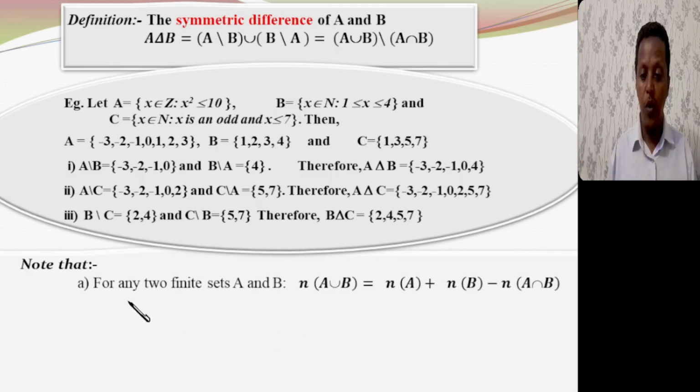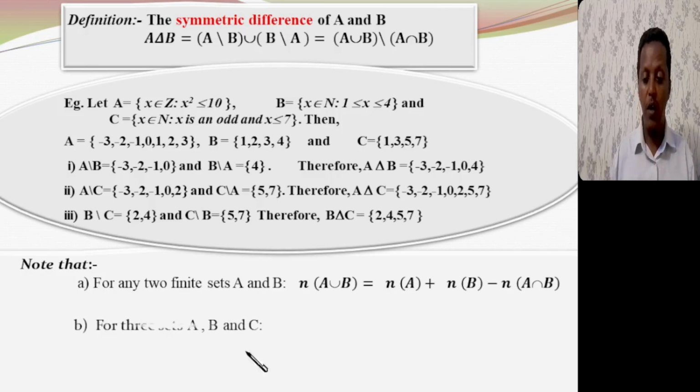Plus, for two finite sets, regarding the number of elements, the number of elements of the union of the two sets will be n(A) plus n(B) minus the number of elements of the intersection of the two sets.